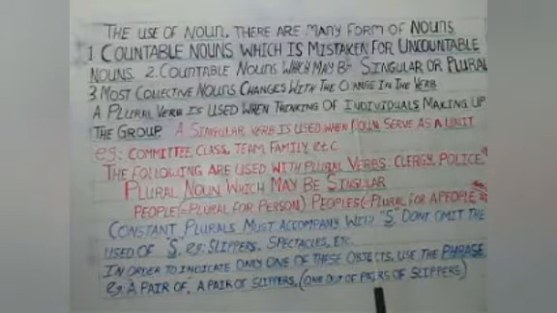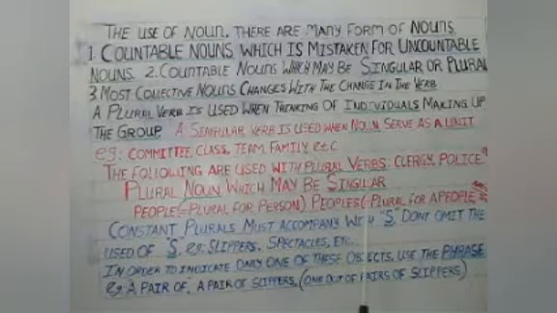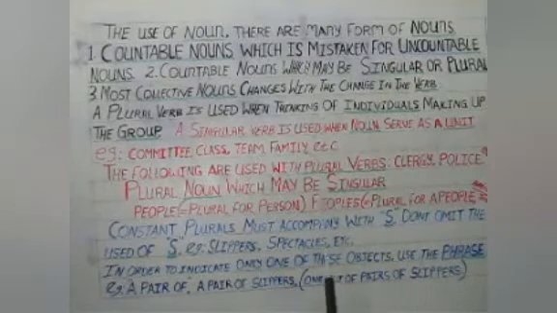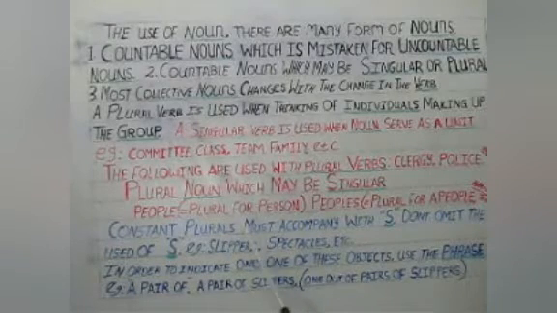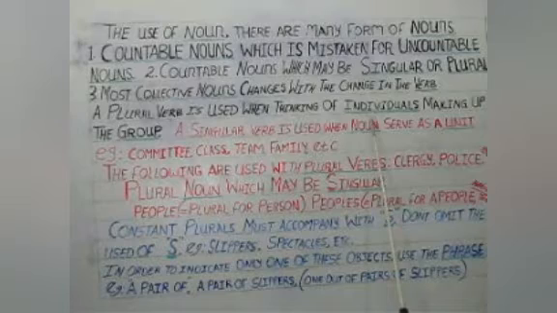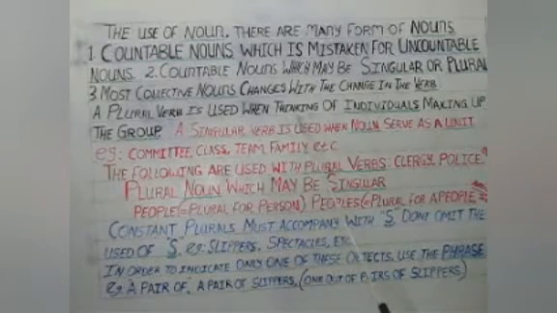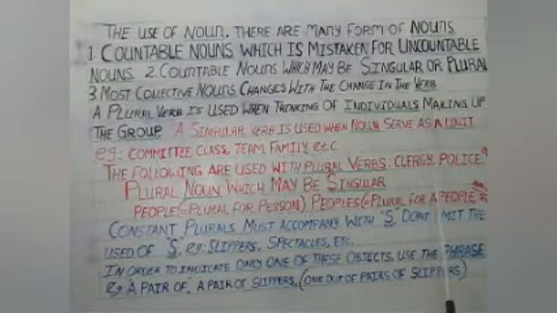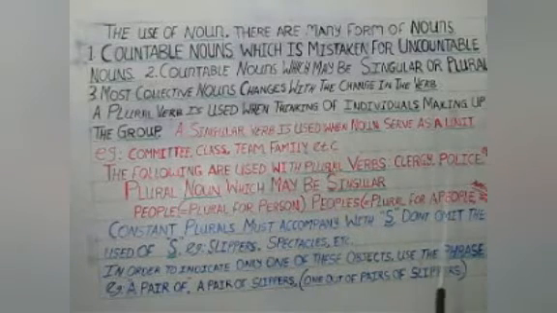When you use an individual in the plural form of a group of words, the subject, which is the noun, will be in the plural form. A singular verb is used when nouns serve as a unit.